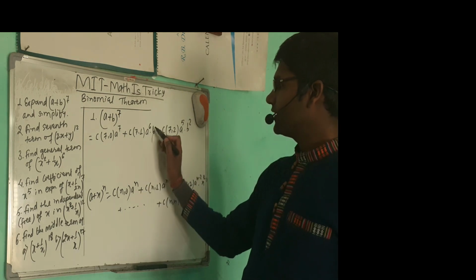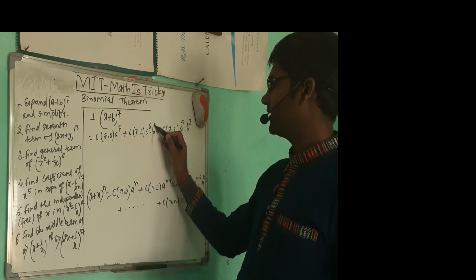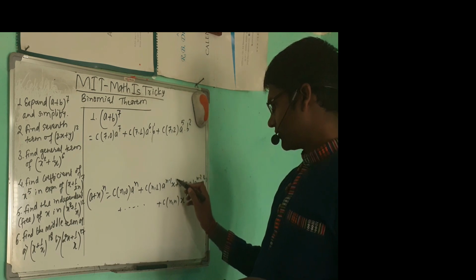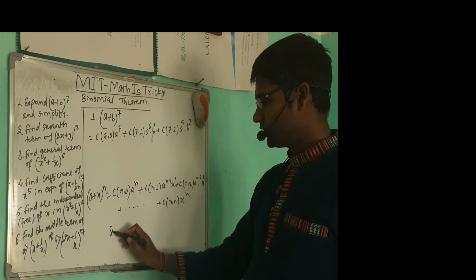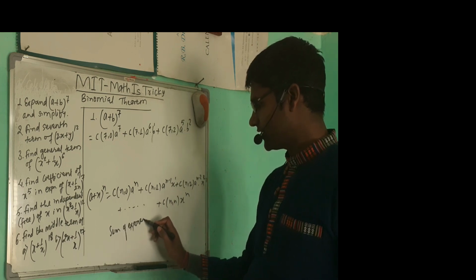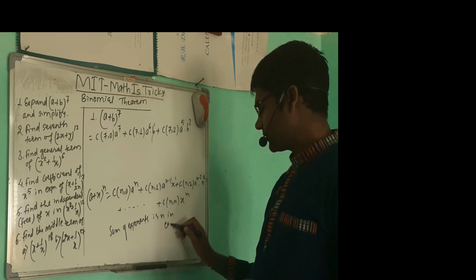Always remember the sum of the exponents will always be n: 6 plus 1 is 7, 5 plus 2 is 7. Here also 7, n minus 1 plus 1 and n minus 2 plus 2. Always note down that the sum of exponents is n in each term.